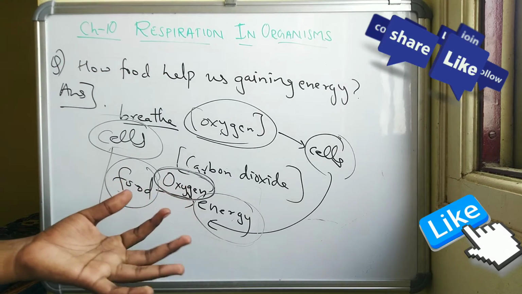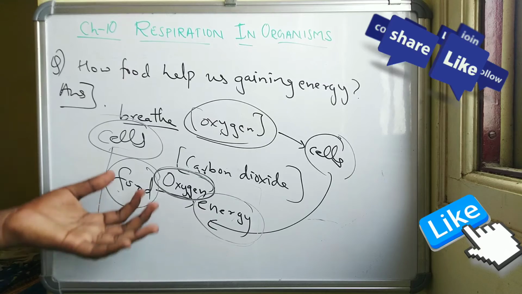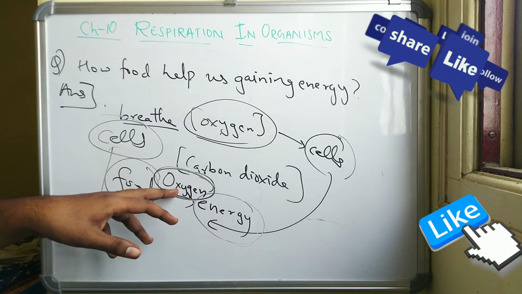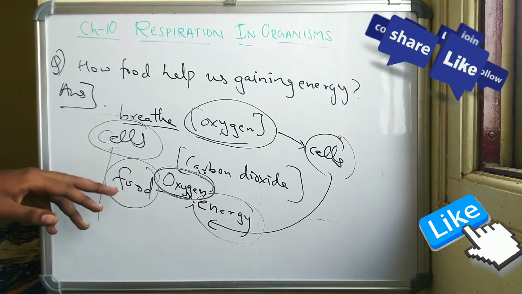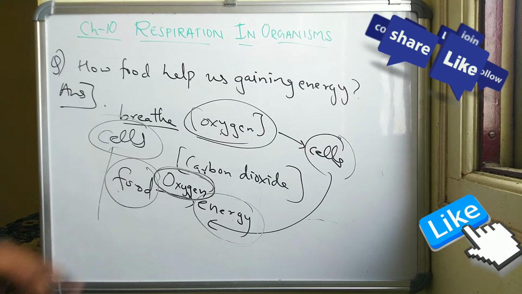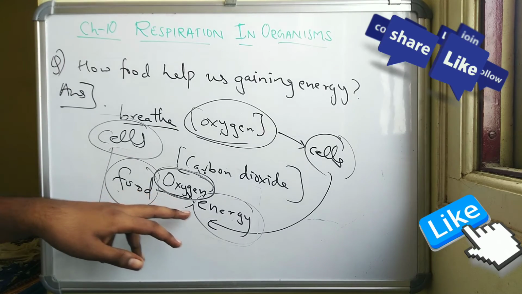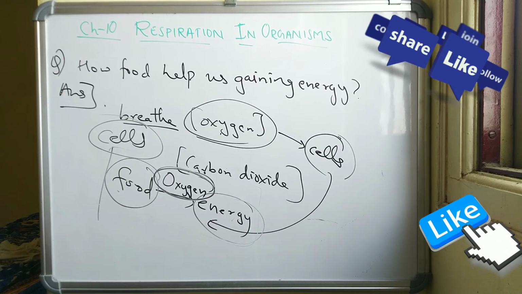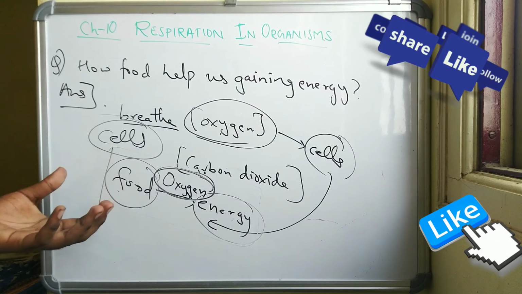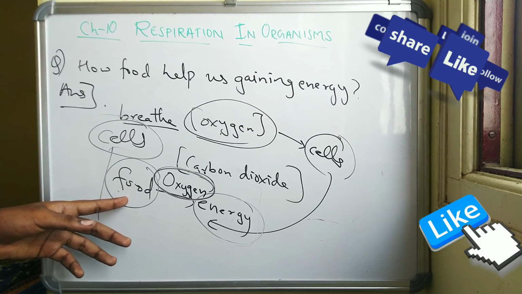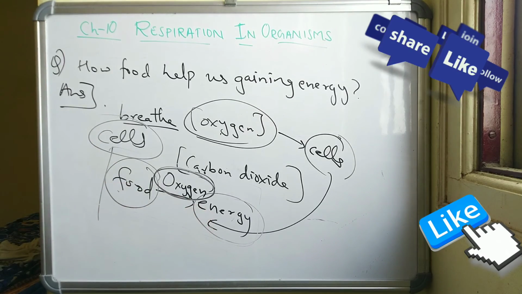As we breathe, oxygen reaches every cell in our body. Now, when food is in the presence of oxygen, energy is released. That's the main concept of this. So how does food help us gain energy? Just because we breathe, the cells help in breaking down the food and we get energy.